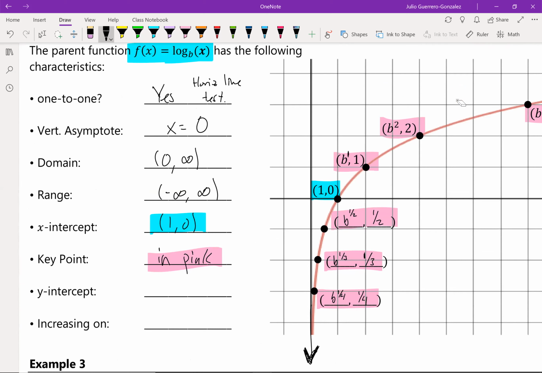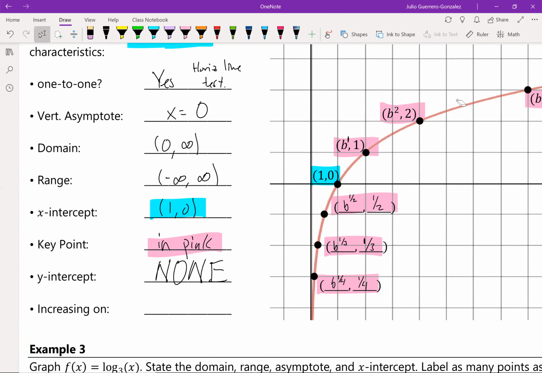So it's none, there isn't one. And it's increasing from where to where? From 0 to infinity. Right. Got it? Okay.